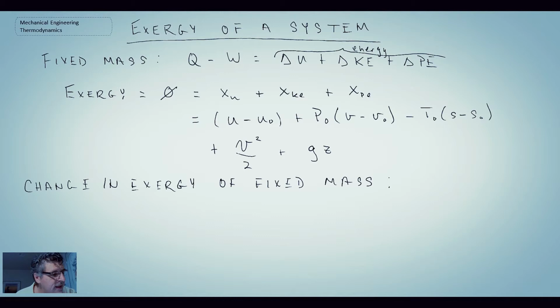And if we're looking at change in exergy of fixed mass, we will have delta phi. That would be phi 2 minus phi 1. And then we'll just evaluate the change of the exergy phi term that we have.